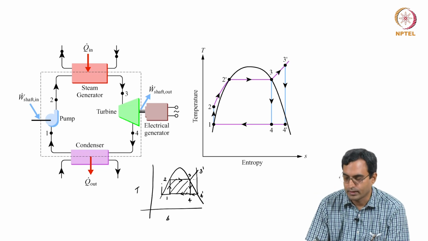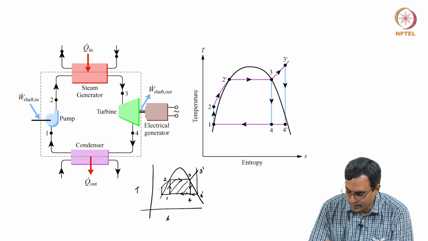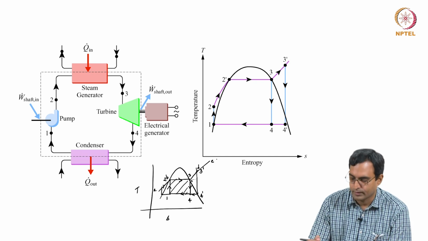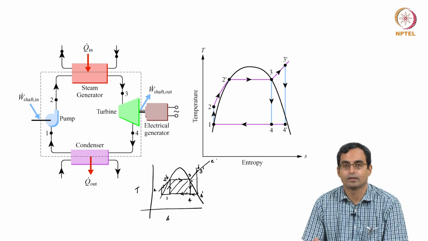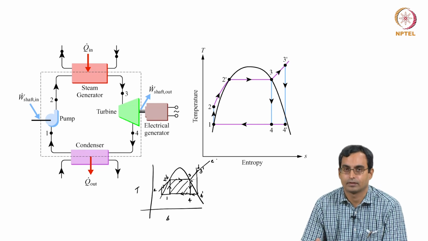If I now draw the isobar which passes through point 2, in the same way in which we are drawing isobars for a T-s diagram, what we see is that the isobar is essentially from some A to some B to some C, D, E. That is the isobar which passes through points 2 and 3 and 3'.